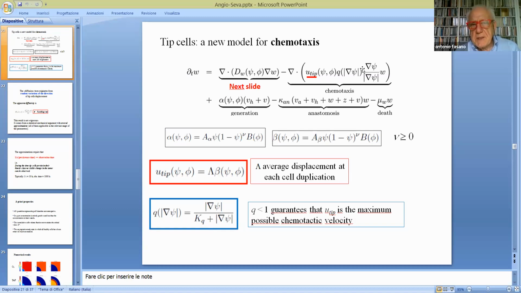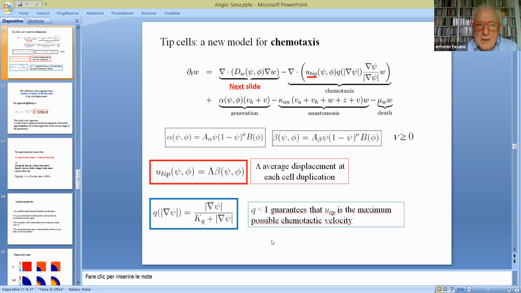Classical chemotaxis has a proportionality to the gradient of the density of occupied sensors, the sensors occupied by the TAF. But here the phenomenon is very particular because, first of all, we are talking about cells which are not free to move. They are attached to the growing vessel, so they cannot have an arbitrary large velocity.